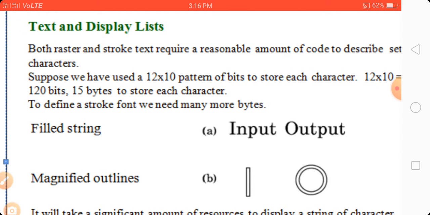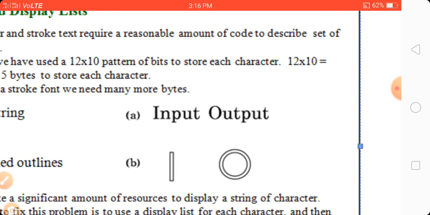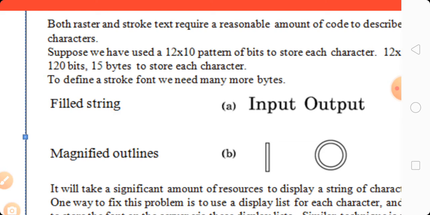Suppose we use a 12 by 10 pattern of bits to store each character. Then 12 times 10 equals 120 bits, and therefore 15 bytes are required to store each character.